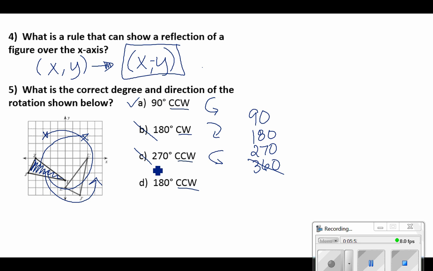That doesn't give me the right place. Now we have choice D, 180 counterclockwise, which is two spaces in that direction. 1, 2. Still not giving me the right answer choice. A would be the answer.